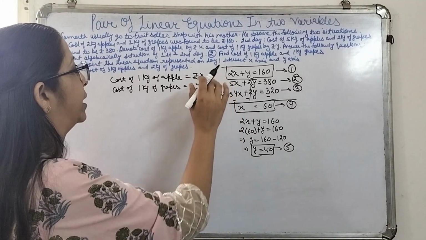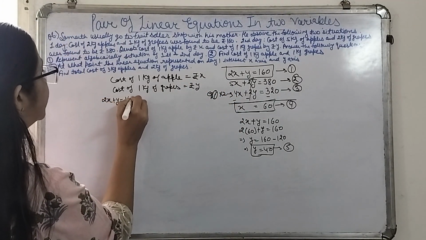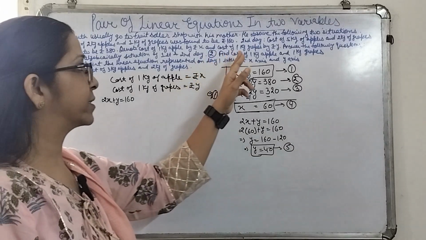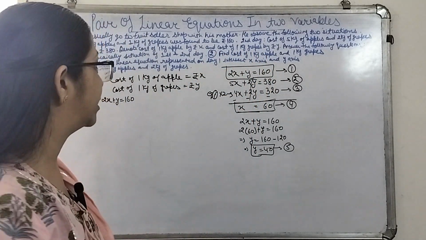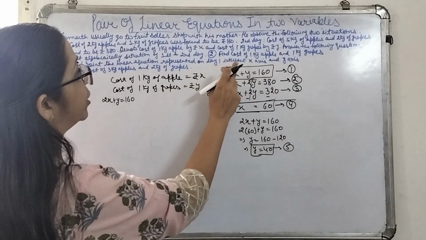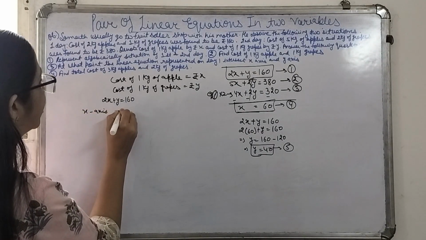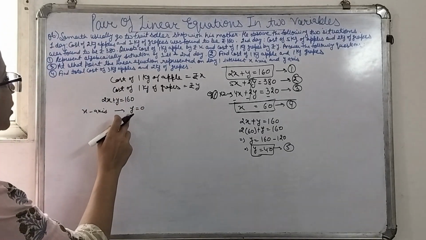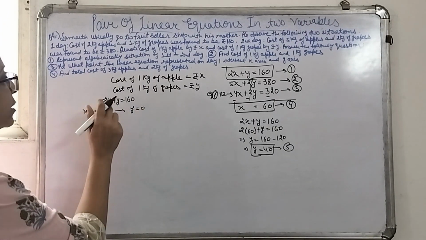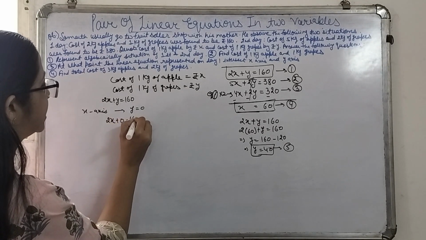Whenever a line is touching the x-axis, at the point where it touches the x-axis, the y-coordinate will be 0. We have discussed this in the earlier video. So if it touches the x-axis, its y-coordinate will be 0. If we put y equal to 0 in this equation, it will become 2x plus 0 is equal to 160.